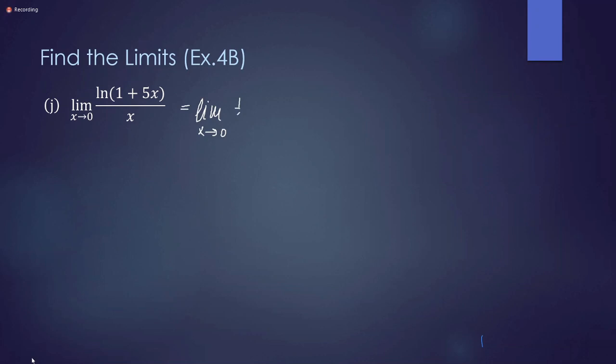But now remembering logarithm properties, what we have to do is we take the factor in front of logarithm and move it, and we make it the exponent inside the logarithm. So we have limit when x tends to 0, ln of 1 plus 5x, and this 1 over x goes inside, becomes exponent at 1 plus 5x.